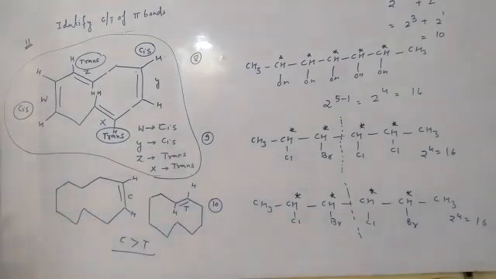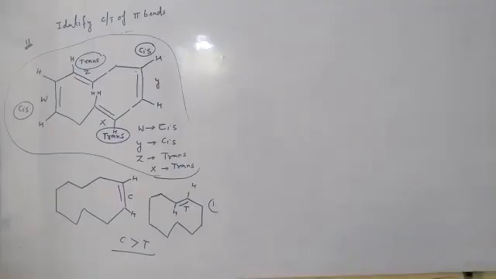Obviously, cis is more stable than trans. But if both are cis, then we will check whether it has conjugation or alpha H. Then the normal pi bond stability order will apply. So cis is more stable than trans.